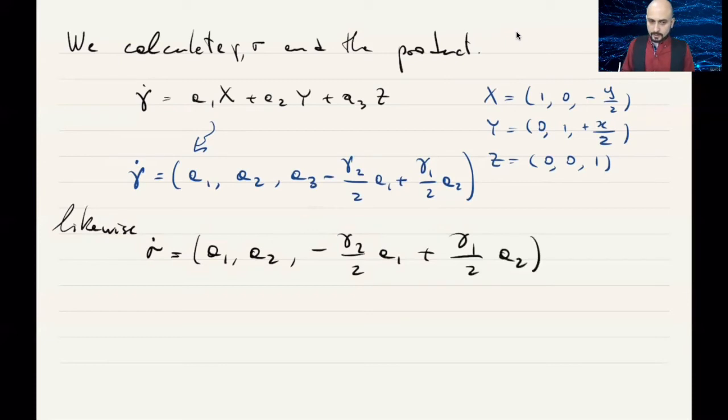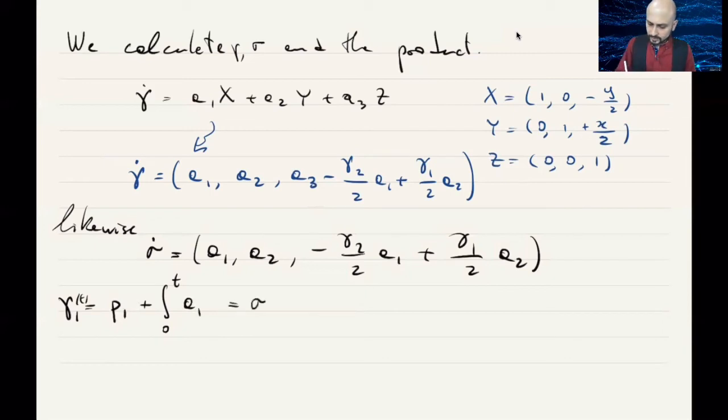Now we can integrate them, or maybe it's not necessary to integrate them immediately. What we have is the following. Gamma 1, the first component, is the initial point p1, the first coordinate of p, plus the integral from 0 to t of a1.